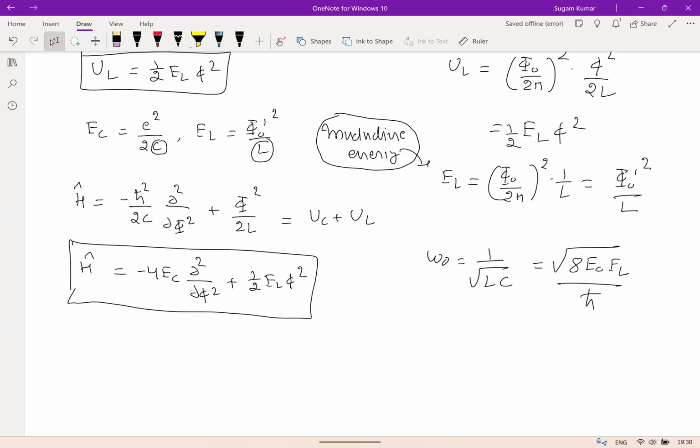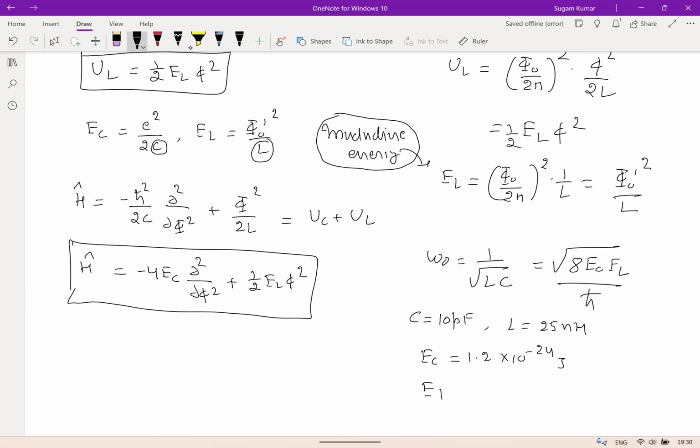I mean, you can see that it depends. For example, if I take a capacitor, let us say around 10 picofarad, and inductance, let us say I take around 25 nanohenry, then I can calculate this EC. This is going to be a very small energy, around 10 to the power minus 24 joule. You can calculate in eV also.